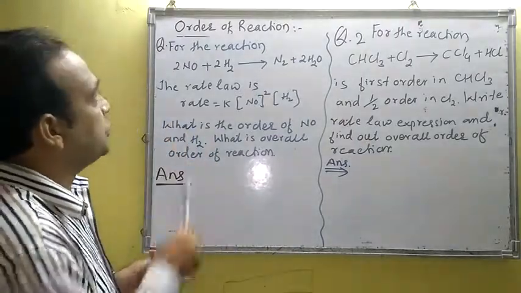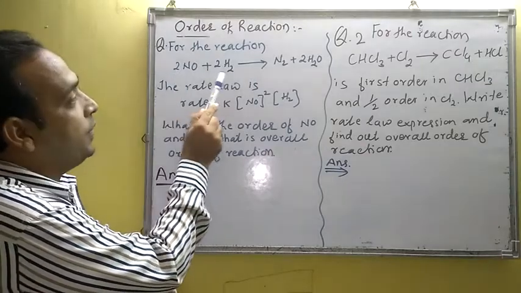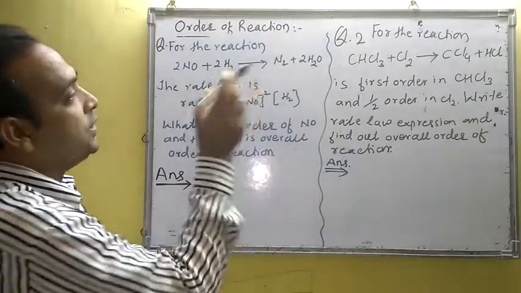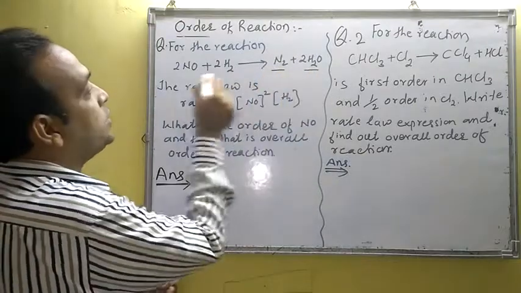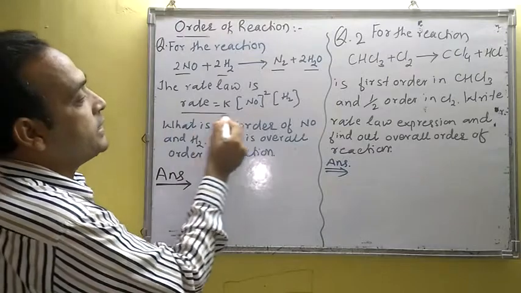Now, my first question. For the reaction 2NO + 2H2 converts into N2 + 2H2O, the rate law is given.